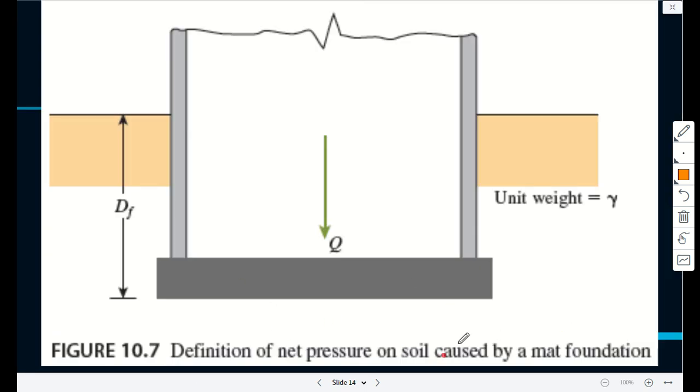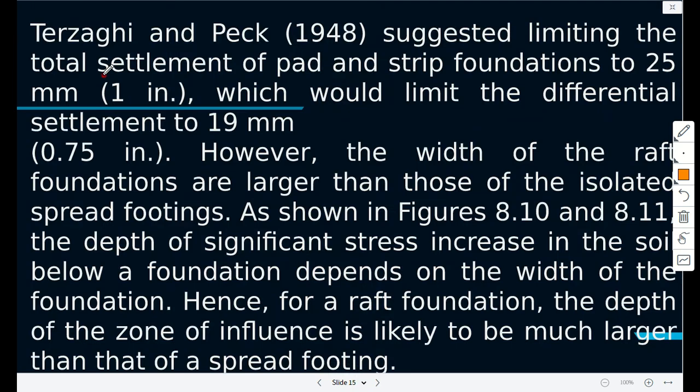Definition of pressure on mat foundation. So if this is your load, and that's your depth dF, and this is the unit weight of the soil. Terzaghi and Peck in 1948 suggested limiting the total settlement of pad and strip footing to 25 millimeters. So this is according to Terzaghi.